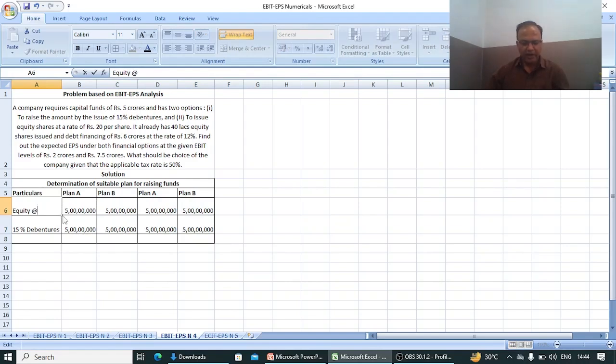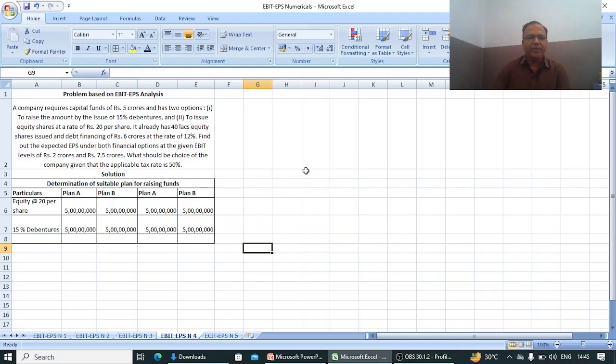Equity at the rate of 20 per share. It already has 40 lakh equity shares issued and debt financing of rupees 6 crore at the rate of 12%.